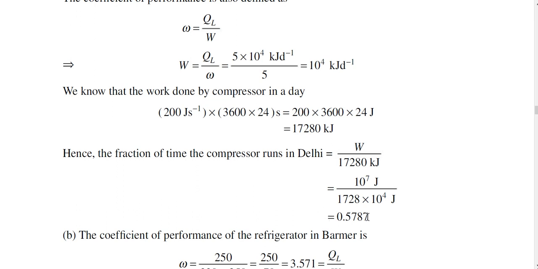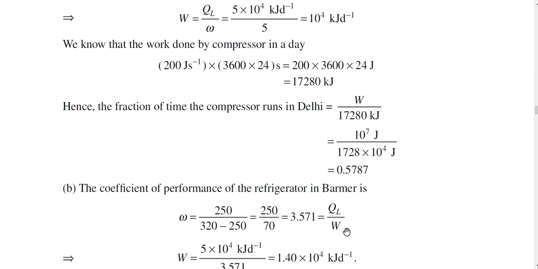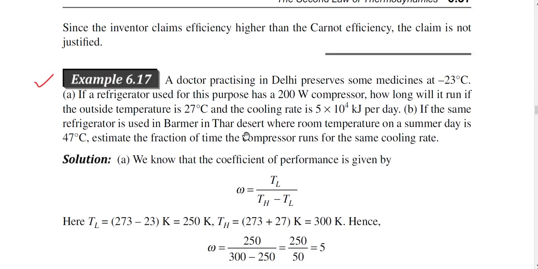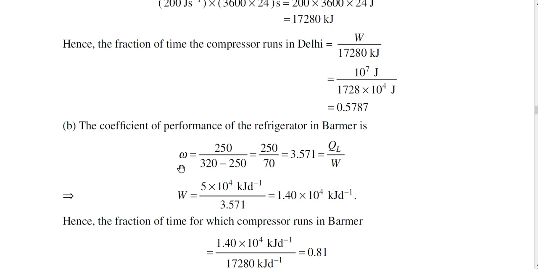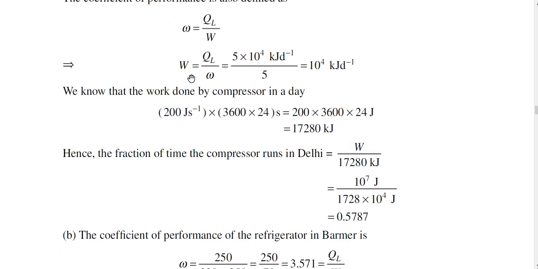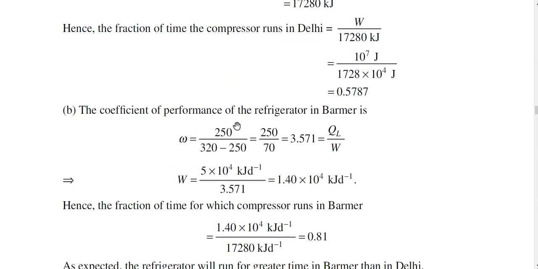Now if the same refrigerator is working in a desert, in that case what will be the value of omega? Because you see here in the second case the temperature is different. Inside temperature is same, but the temperature of the surrounding is different. That is why the value of omega will be different. This is 3.57. Again we will apply the same formula of W, that is QL by omega.